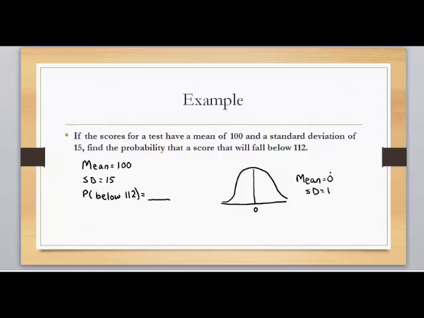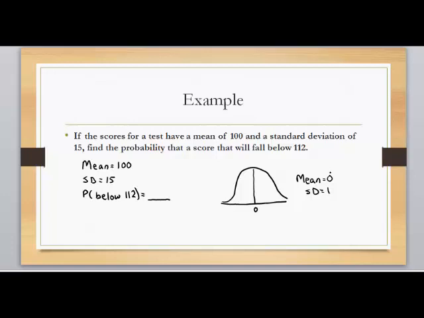And so this presents a problem for me if in the example we're told that the mean is 100, but the curve I want to use has a mean of 0, and our example has a standard deviation of 15, and the curve has a standard deviation of 1. It doesn't appear that I can use this standard normal distribution curve to work this problem.